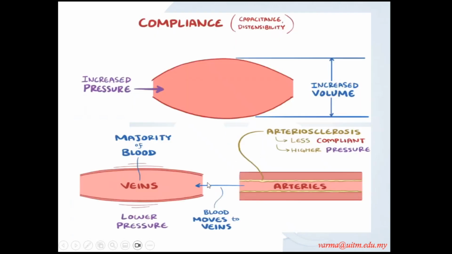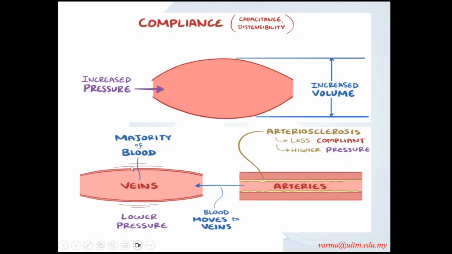That also means it's important how blood flows from the arteries to the venous system, because arteries have lower compliance, so they have to increase the pressure to maintain the flow. So the arterial system has a higher pressure compared to venous pressure. That's why the blood flows from the higher pressure system to the lower pressure system.